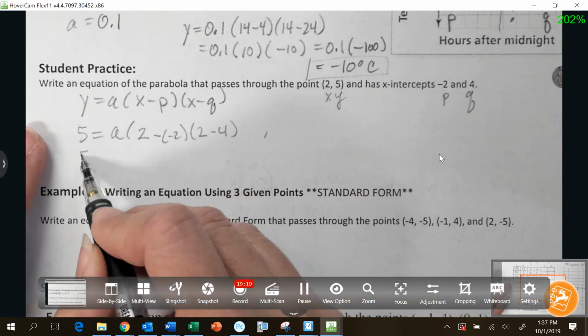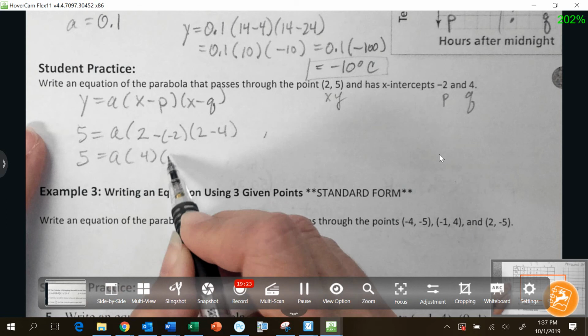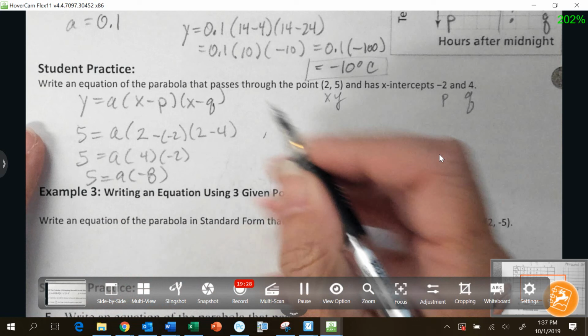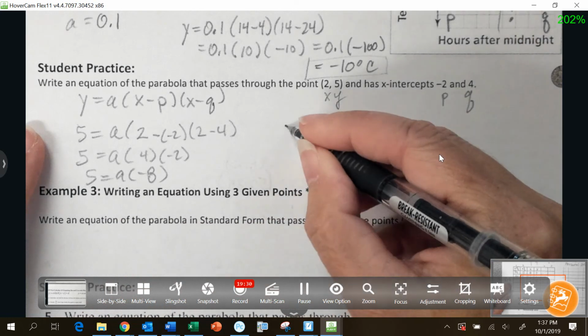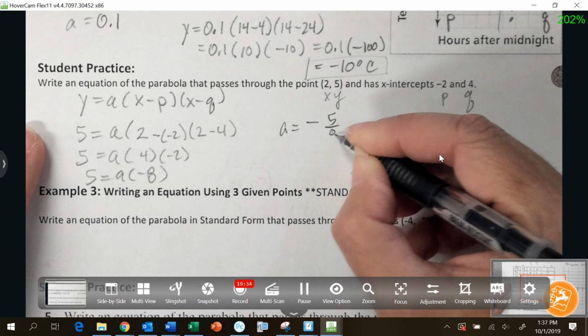So we're going to simplify that. We get 5 equals a, this is 4 times negative 2. So 5 equals a times negative 8. Most of you did this very well, and you had that a equals negative 5/8.